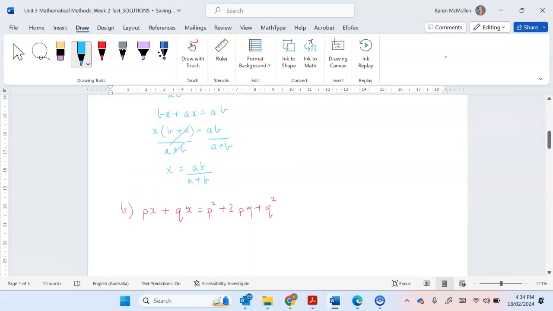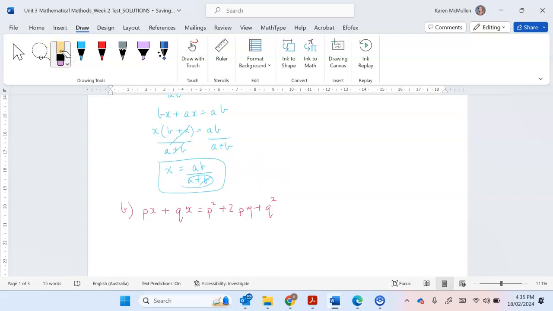So if we look at this final answer here, I can't say that that b cancels out with that. They don't cancel out unless that b was a common factor. And what I mean by that is it was taken out of some brackets and then we can cancel it like that. Okay, so that was a common error I saw as well.